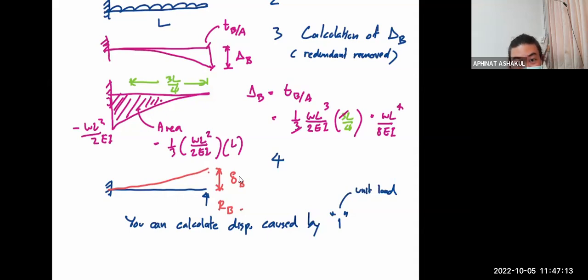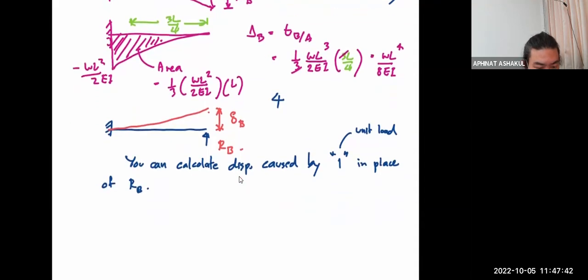No, it's a load whose magnitude is equal to 1. They call it unit load. So you can calculate this displacement caused by the load that has a value equal to 1. That's it. So we can calculate displacement caused by unit load in place of RB.